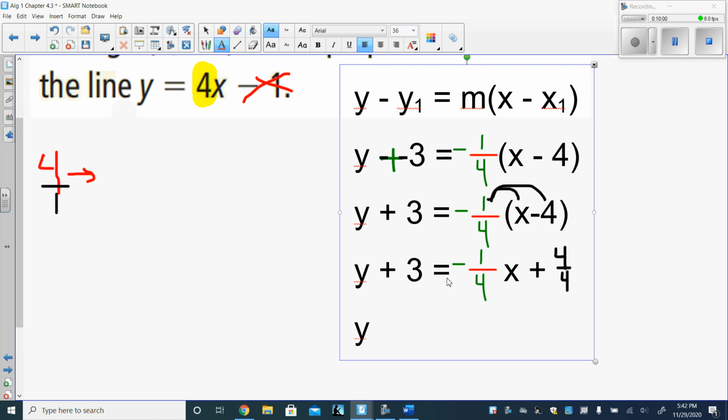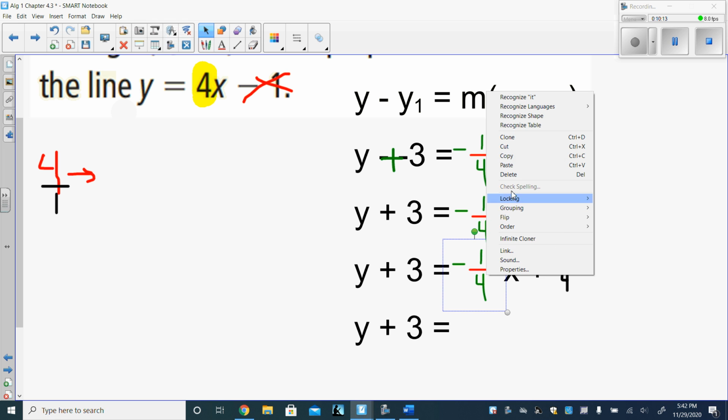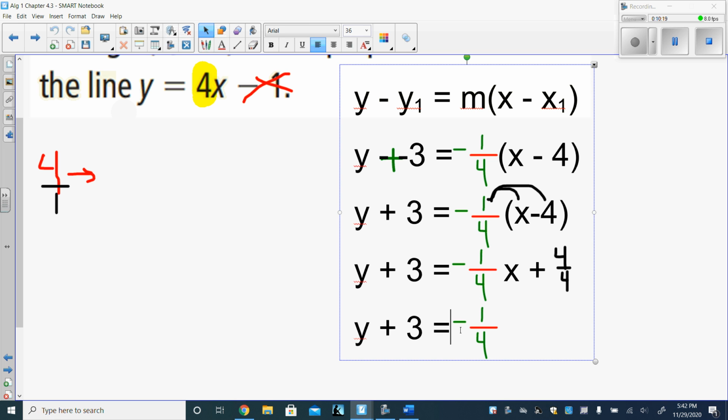Now I'm going to simplify a little bit because we don't really leave something as 4 over 4. This here is going to come down. So negative 1/4 x plus, well, 4 divided by 4, anything divided by itself is 1.